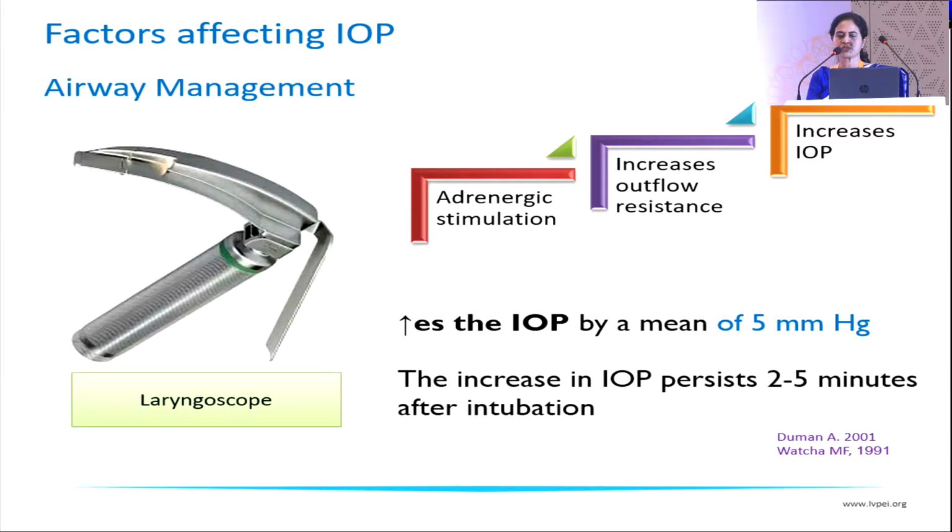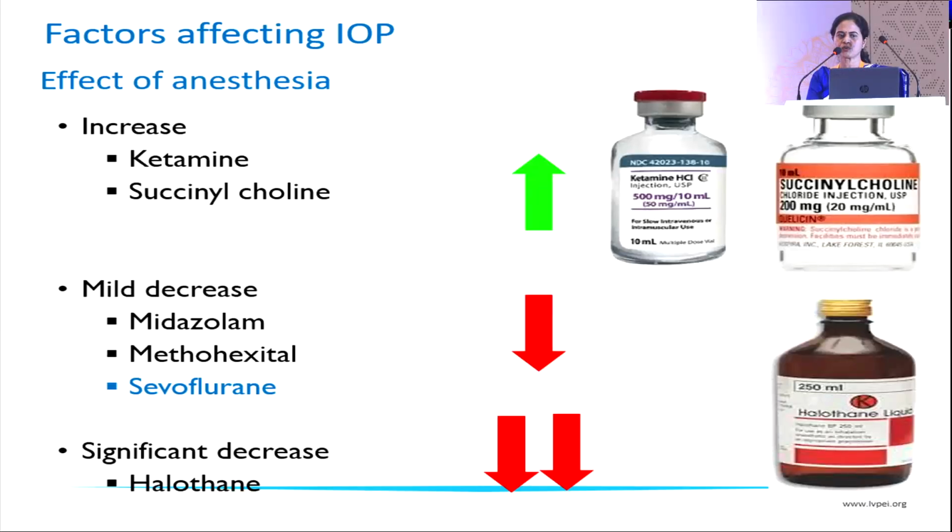But what we need to be aware of is that when a laryngoscope goes in, or when you're trying to intubate, intraocular pressure goes up, and this IOP can be persistently elevated for a few minutes after the intubation. We also need to know that all the anesthetic agents that we use have some effect on the intraocular pressure. Some increase the IOP, some decrease the IOP. The commonest agent that we use today is sevoflurane and sometimes isoflurane.